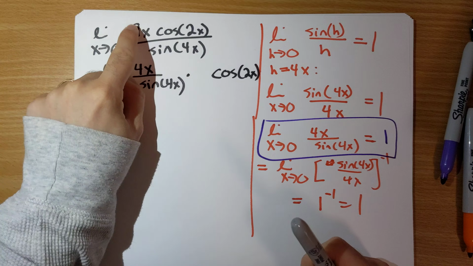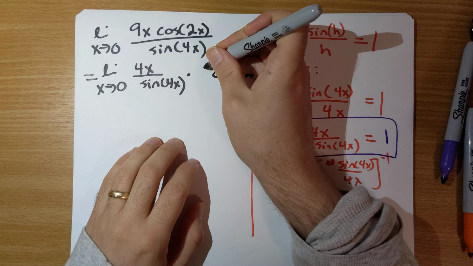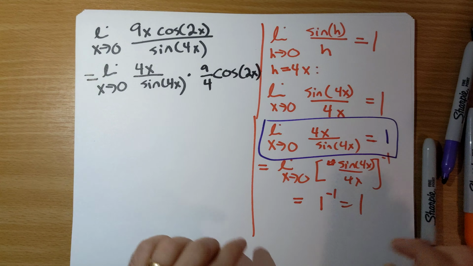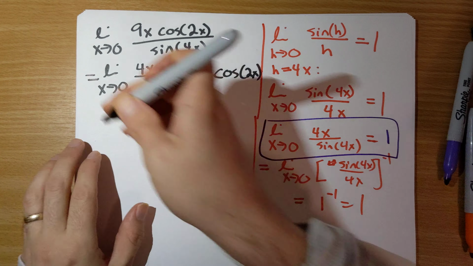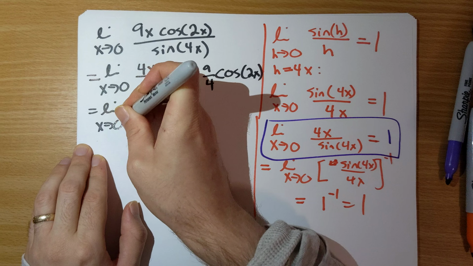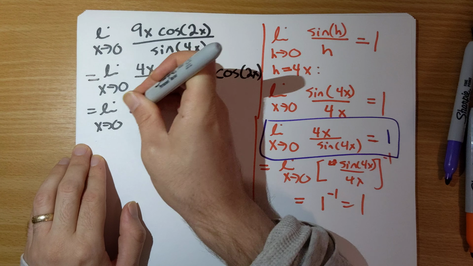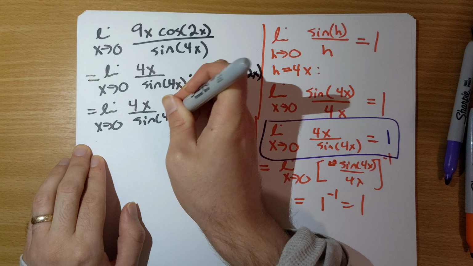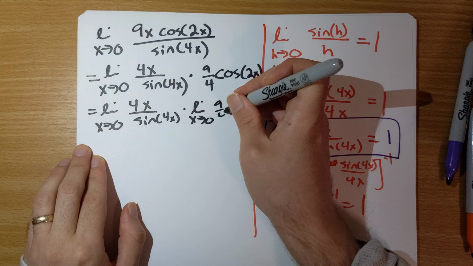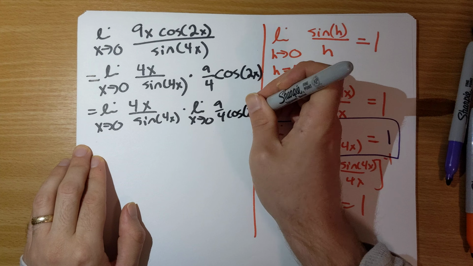We have a 4 here when we have a 9 here, so let's multiply by 9 over 4. Now realize that this expression is exactly the same as the original, but it's written in this way so that we can invoke the product law for limits.